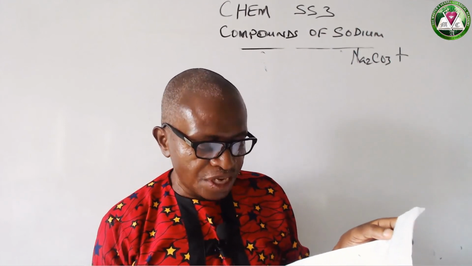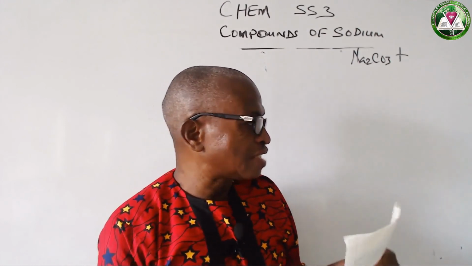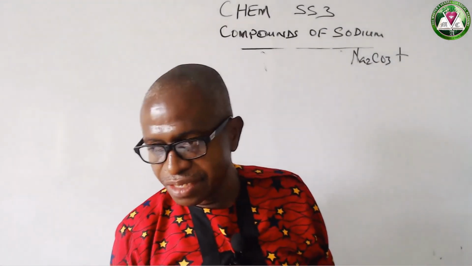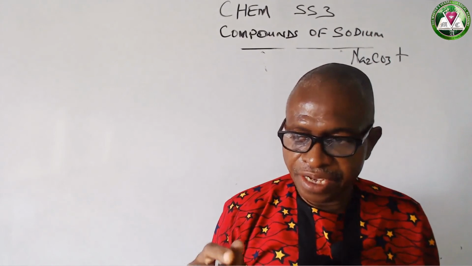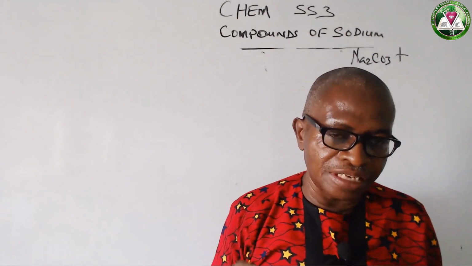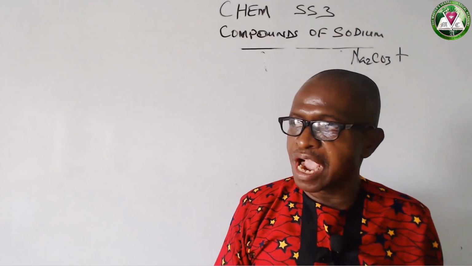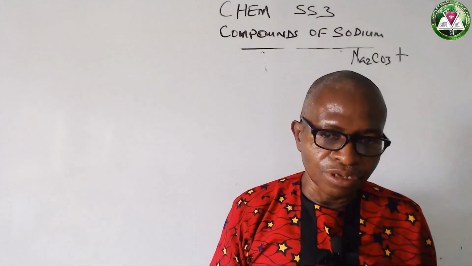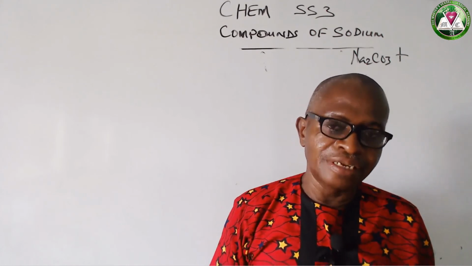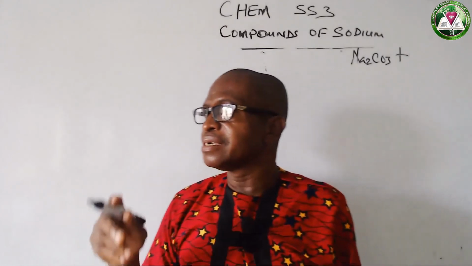We saw that at the anode, chlorine gas is liberated. At the cathode, hydrogen gas is liberated, leaving behind sodium ion and hydroxide ion, which is your sodium hydroxide.